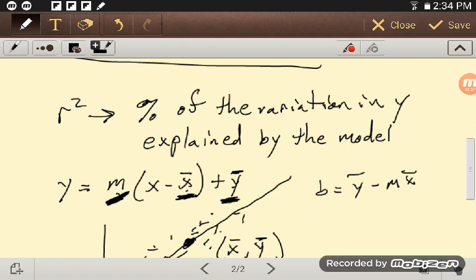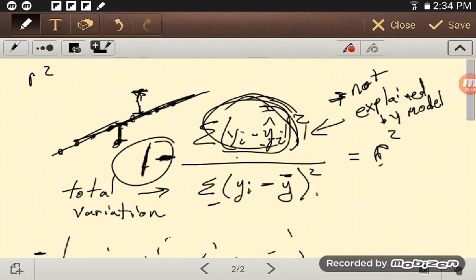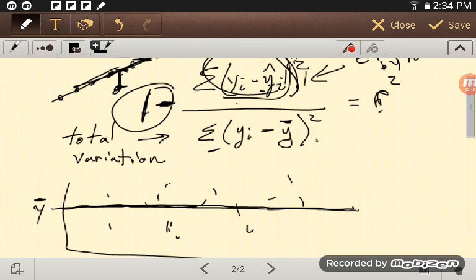That's one thing we want to do, and we can look at the standard error and so forth to get an idea of whether that slope might actually just be 0. And then we can also get an idea of how well the model fits the data with this r squared term.